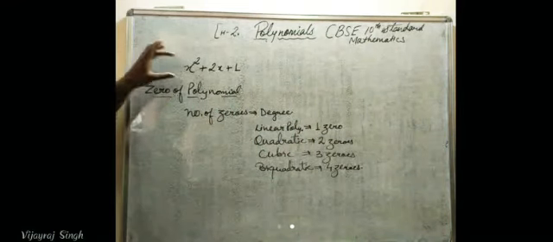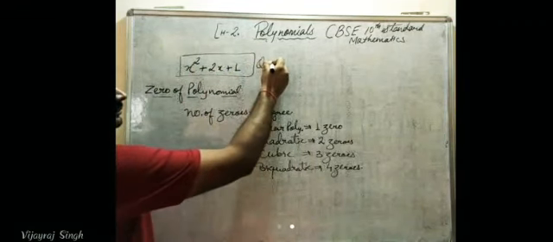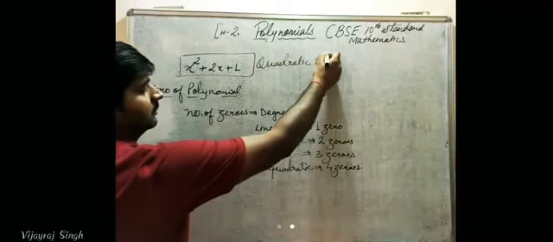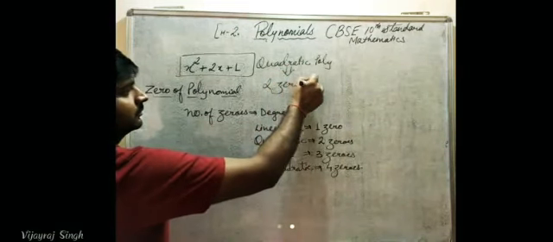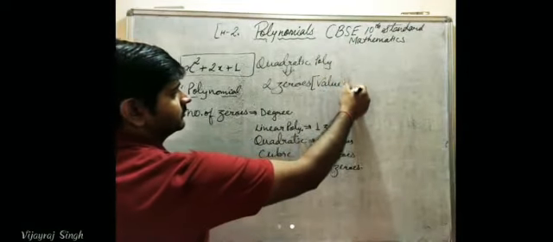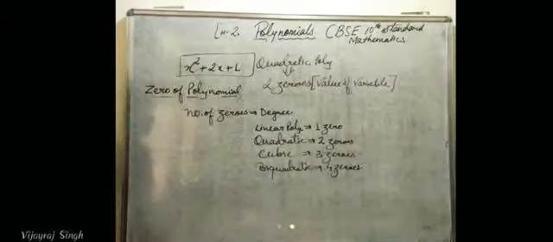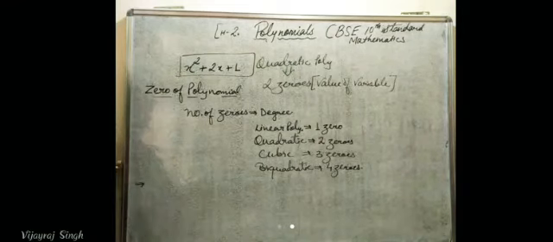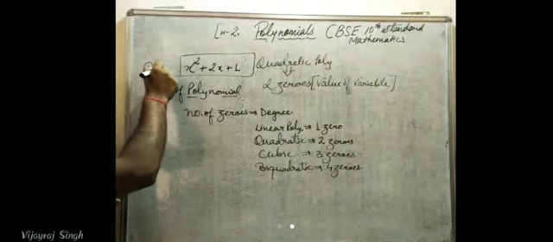So this is a quadratic polynomial, so we will get two zeros in this. Zeros means value of the variable. So first of all, let's see how to find the zeros of the polynomial.